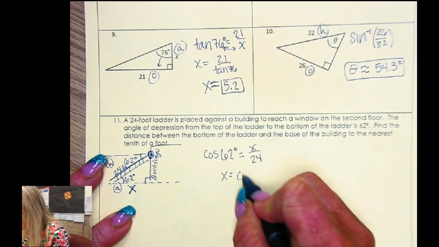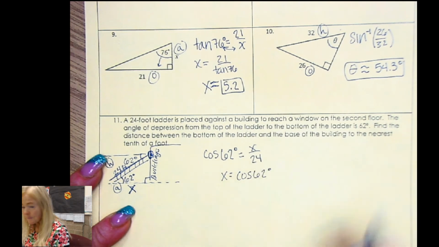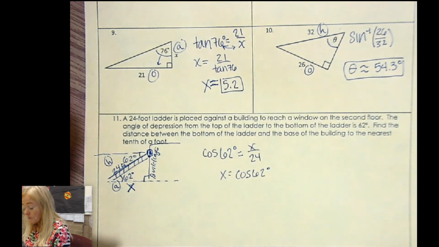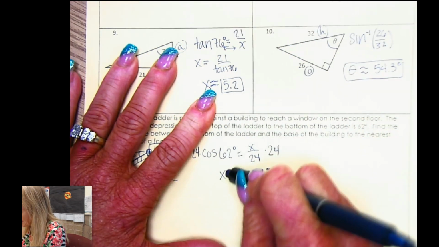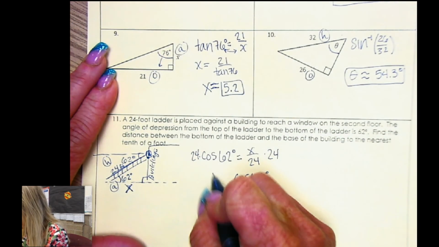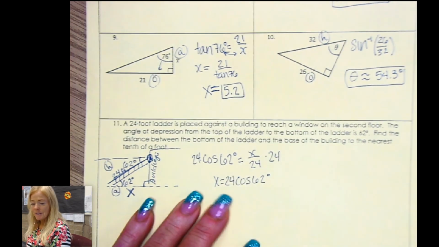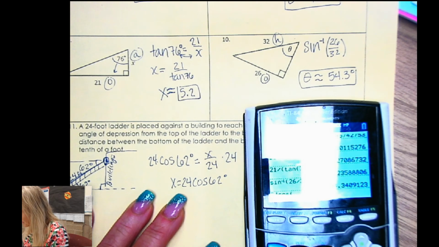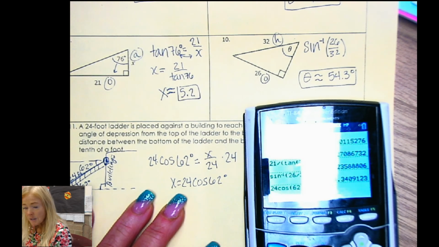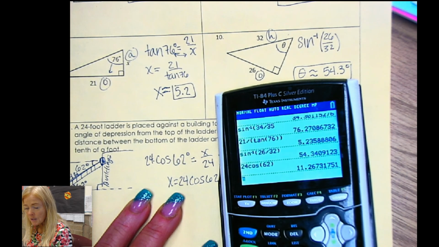So x is equal to 24 times the cosine of 62. If we type that in, 24 and then cosine 62, we get 11.3.